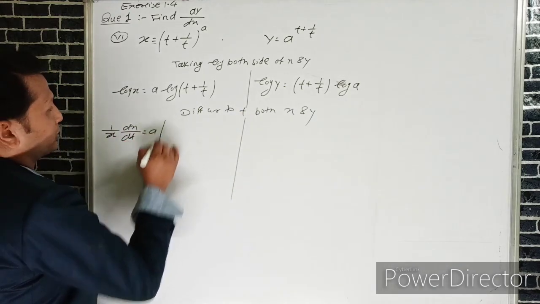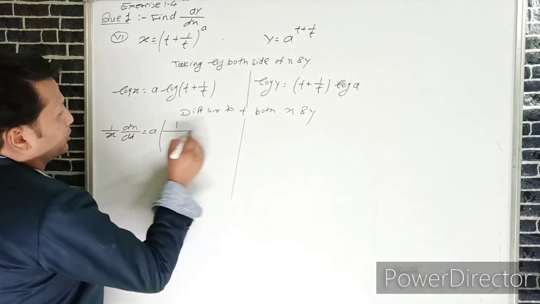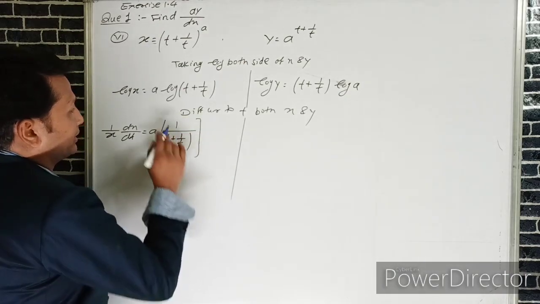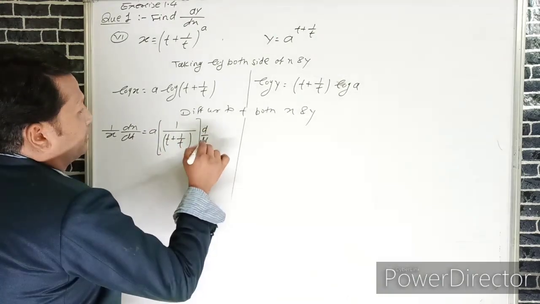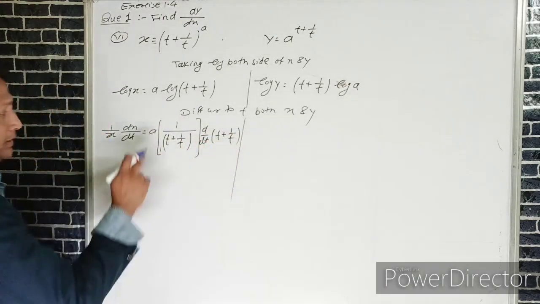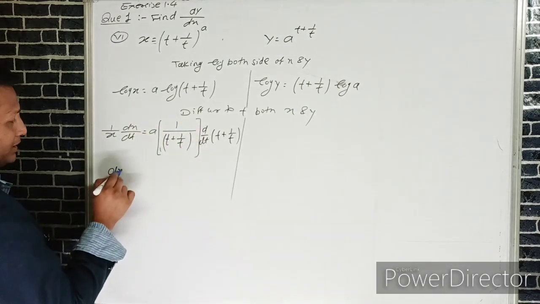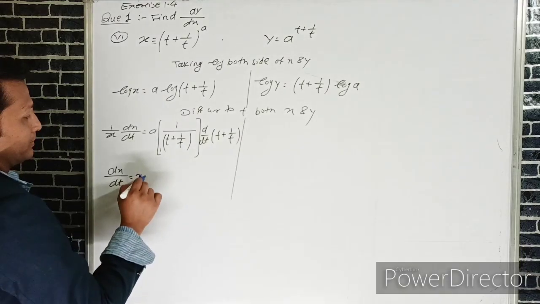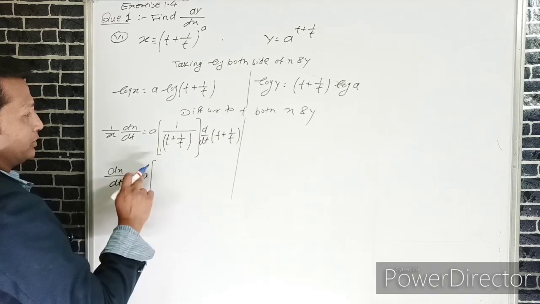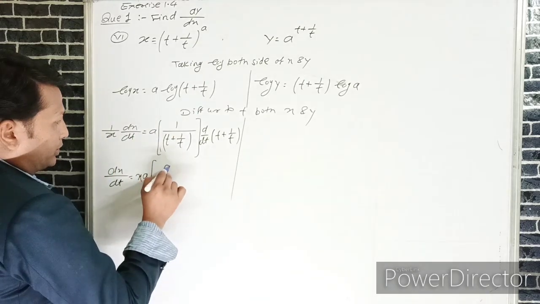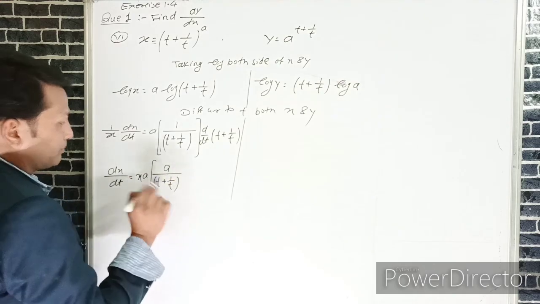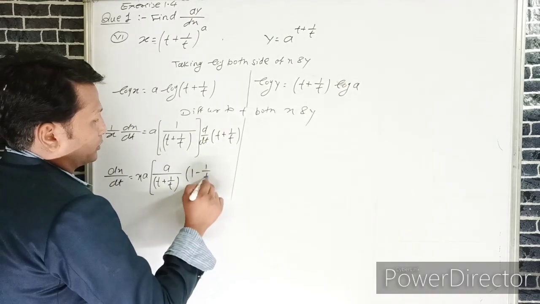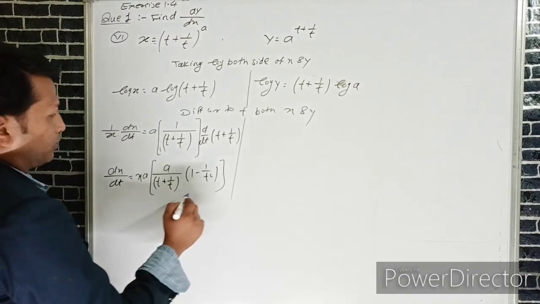Here a is a constant, so the derivative of log(t + 1/t) is 1 upon (t + 1/t), and we take the derivative of t + 1/t. Taking x to the right side, dx/dt = x into a upon (t + 1/t) into the derivative of t, which is 1, plus the derivative of 1/t, which is minus 1 upon t square.